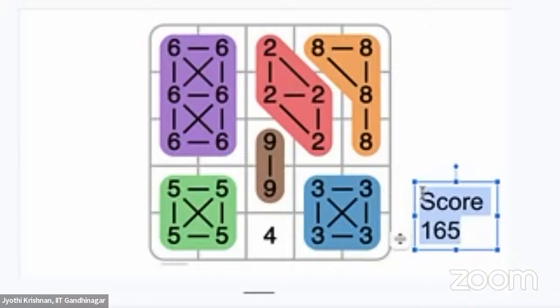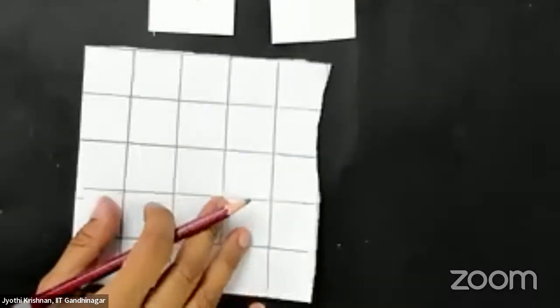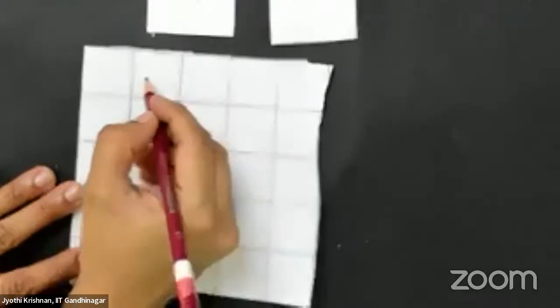One second. So, okay, let me try again. What you're trying to think about is when we play the game, you want to try to keep the numbers to make as many lines as possible. So 165 is the score for this board. Okay, let me do this before you answer. Let me go to the overhead.